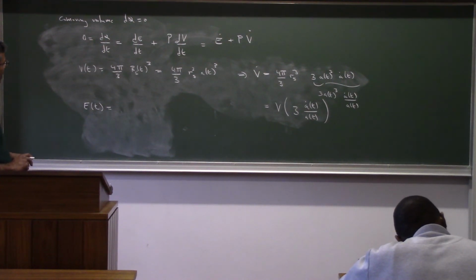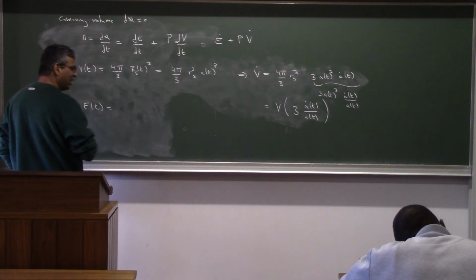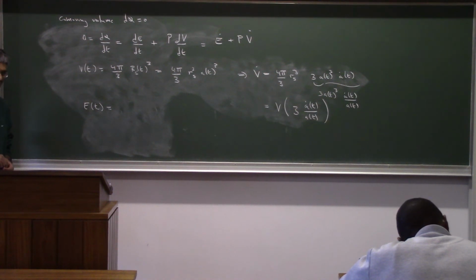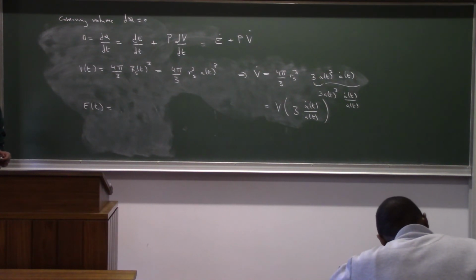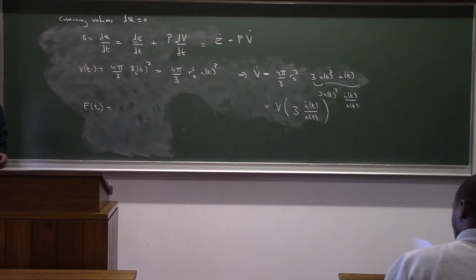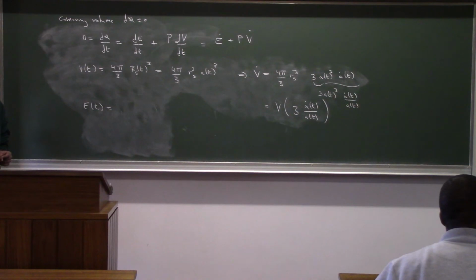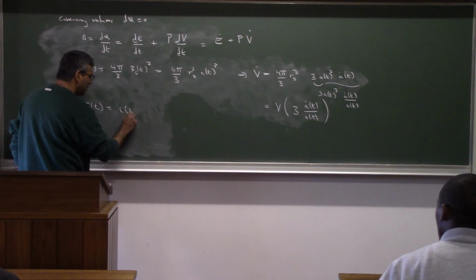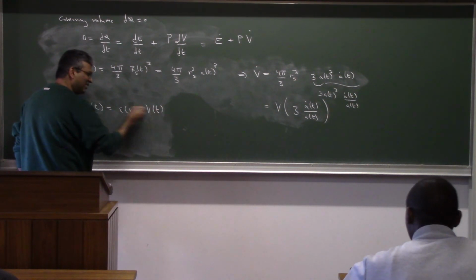Yes, suppose you do that. But I'm looking for an expression in terms of the energy density. Given the energy density, what's the energy? Yes. So it's epsilon(t) times V(t).